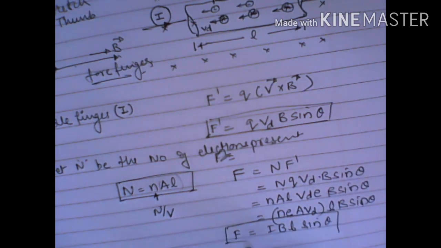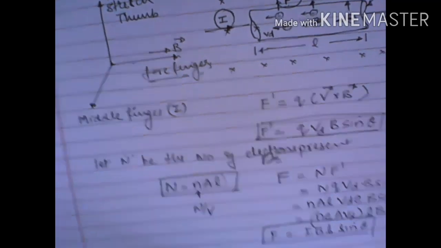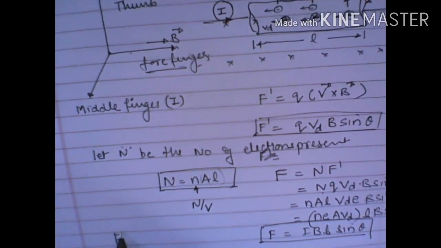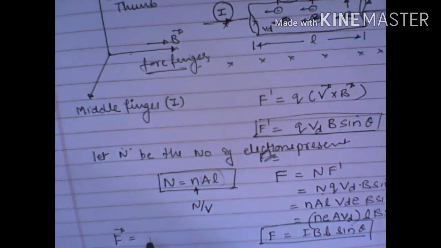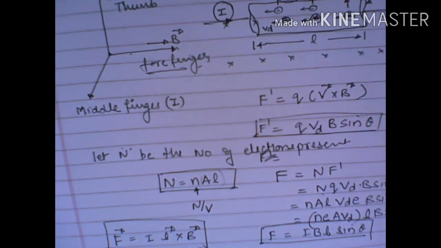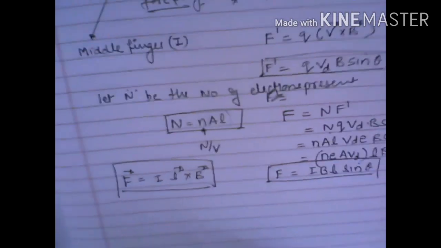So as the force is a vector quantity, I can write the force in vector form as vector F is equal to I into L cross B. Okay, so here we will discuss the cases immediately so that we will be able to get the idea about it.